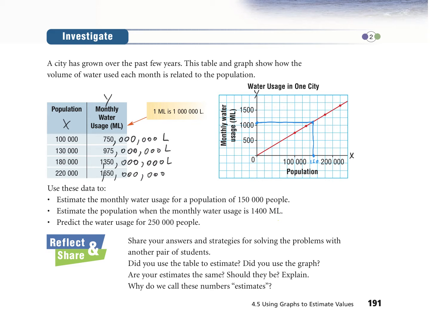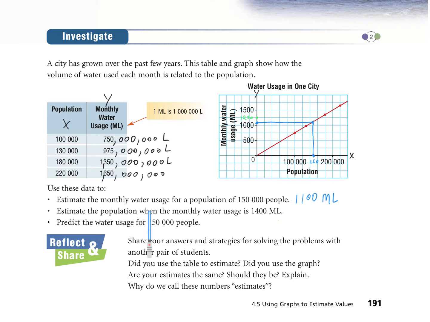Not quite so. I know that this point right here is 1,250 megaliters. So this would not be anywhere near that. So a good estimate for this one here would be 1,100 megaliters.